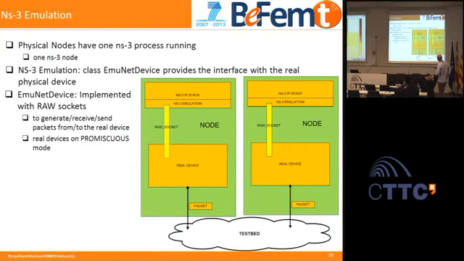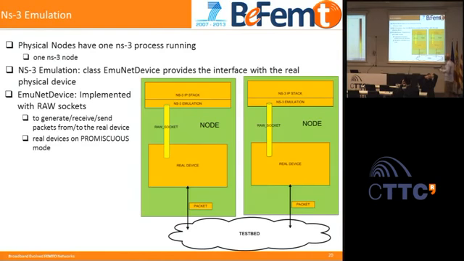For achieving that a packet generated in NS3 is transmitted over the testbed, we use a raw socket which is implemented in an independent thread of the NS3 application and is in charge of receiving and sending packets, so that when a real packet comes here, it's received by the real device and forwarded to the raw socket and then processed by the NS3 node.